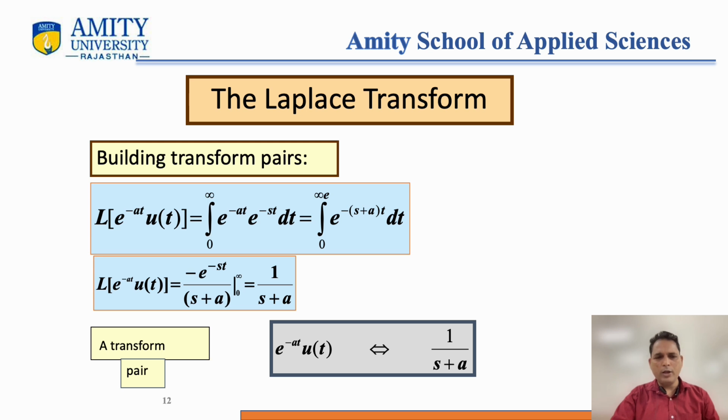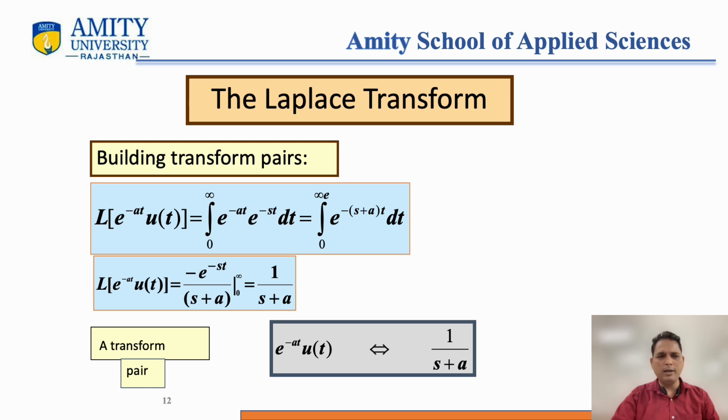As you know, when two functions have the same base, their powers are added. So it becomes the integral from 0 to infinity of e raised to the power minus (s plus a) t dt. On solving the integration, the integral of e to the power kt is e to the power kt upon k, so the constant here is minus (s plus a), which goes in the denominator.